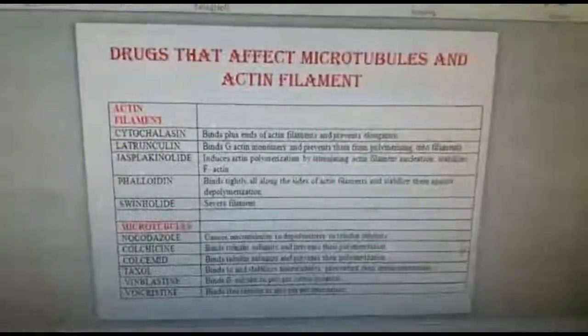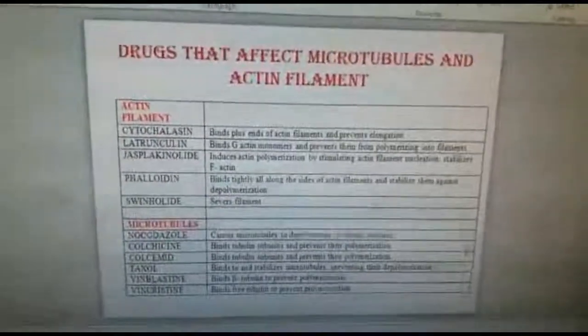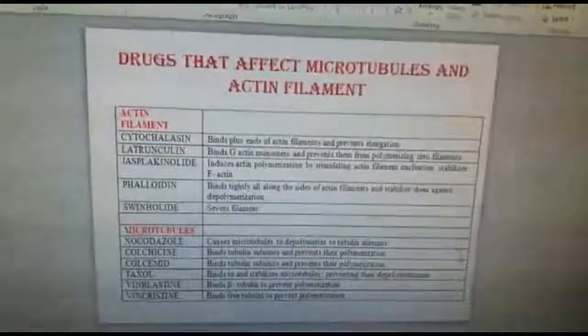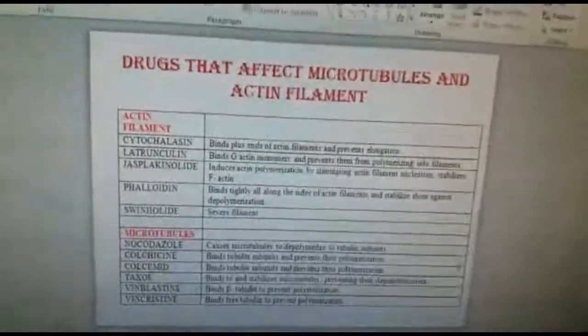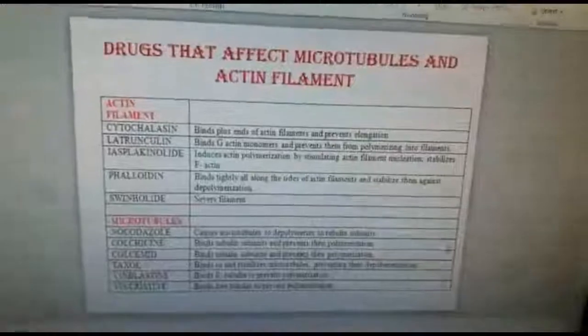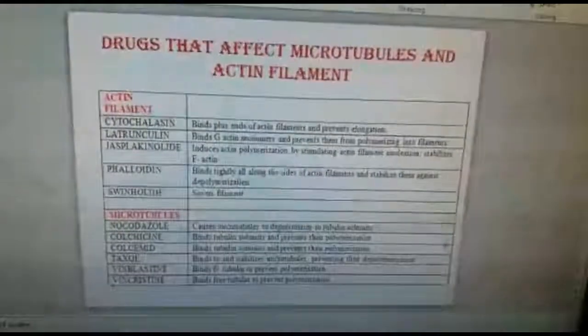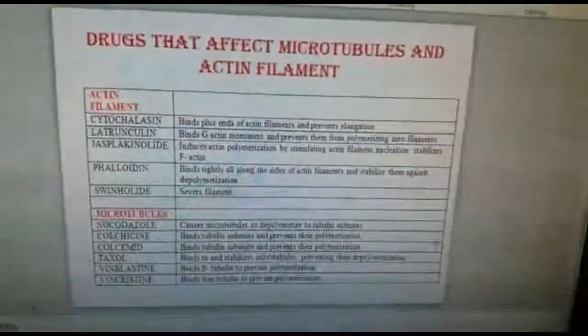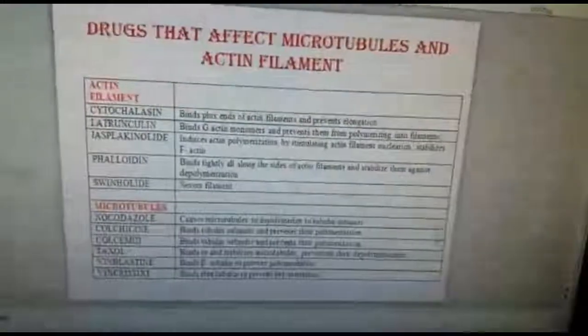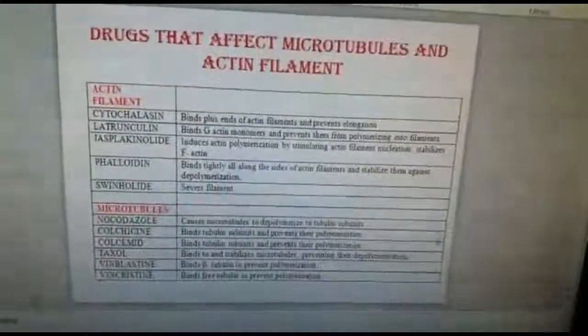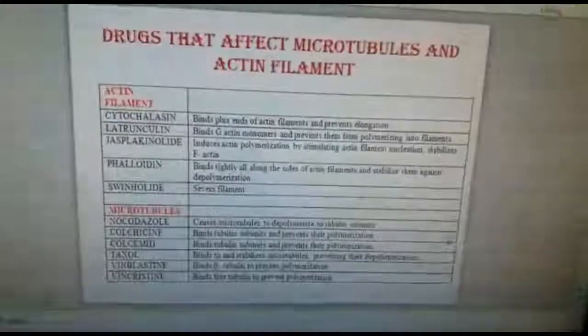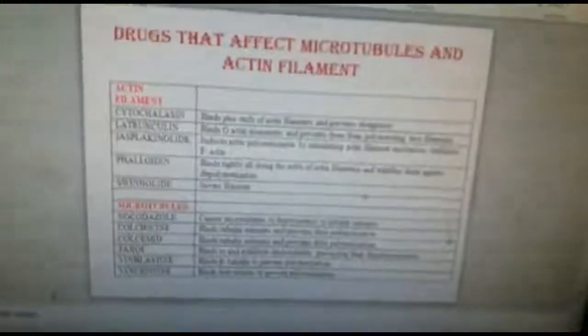Here I am showing you that there are certain drugs that affect the microtubules and the actin filaments. These microtubule and actin filaments are the targets of a variety of drugs. Now these drugs just act by interfering with the polymerization and depolymerization of subunits.